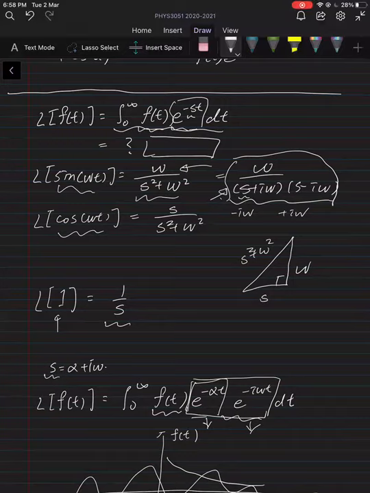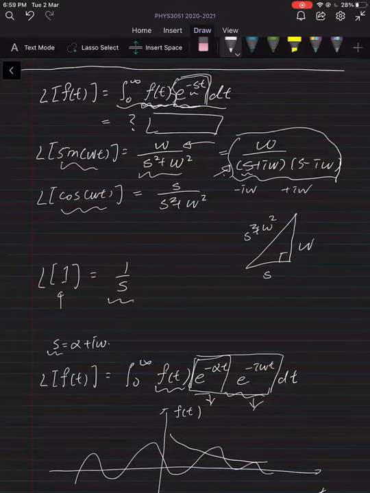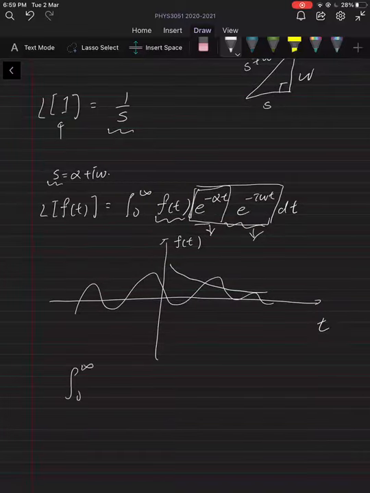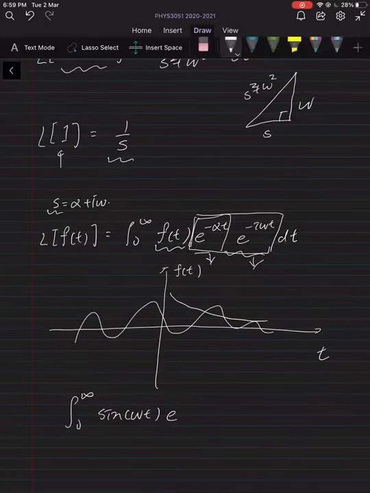Which means when your basis function e to the power minus st matches, suppose you have sine omega t, and we have s equals to minus i omega, then this will give you infinity.